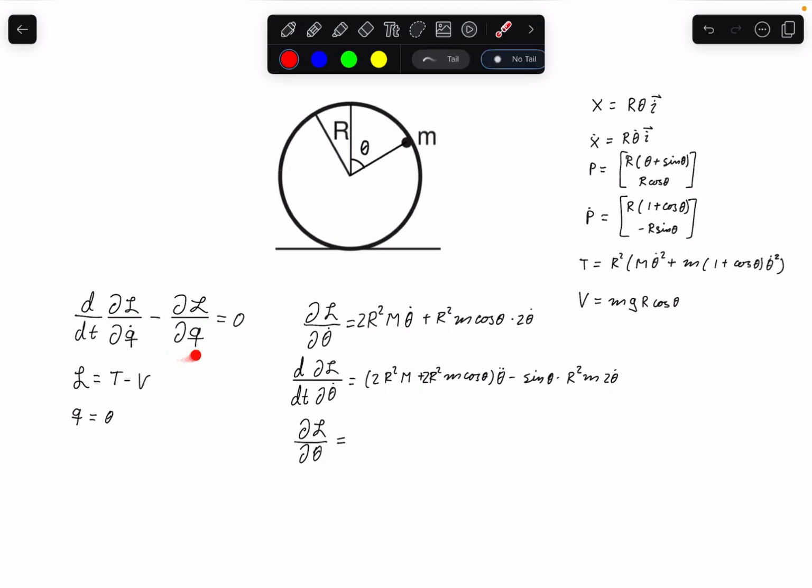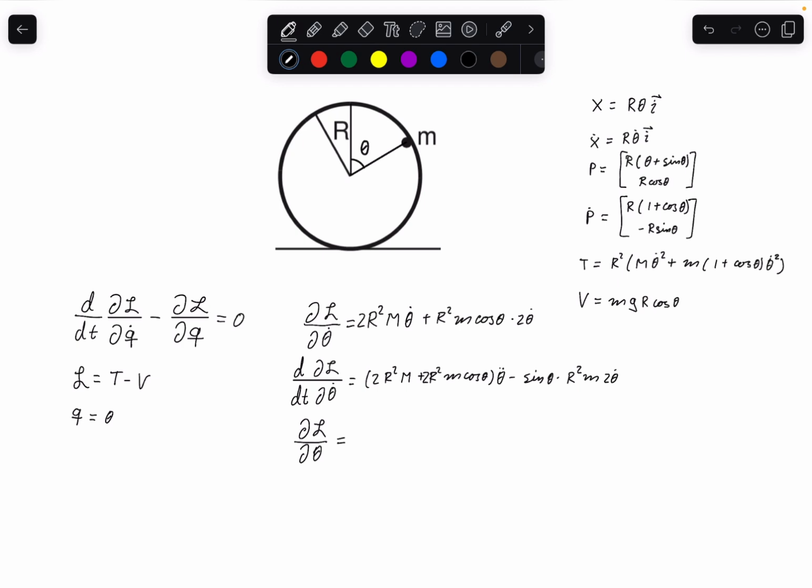Now we want to find the derivative of the Lagrangian with respect to theta, which is equal to this. We can see that this part here is not dependent on theta. So we need to take the derivative of the last part here and the potential energy.